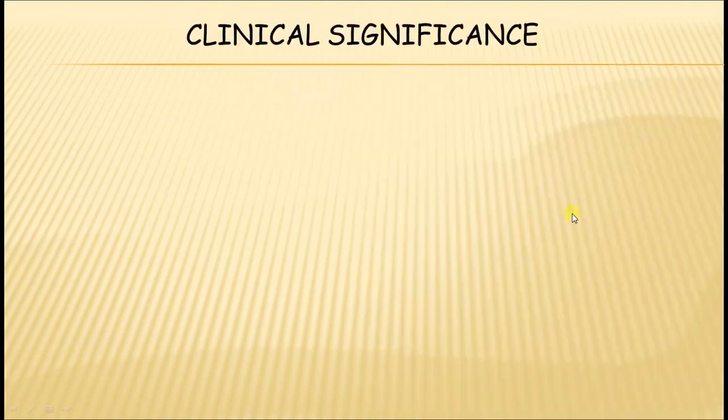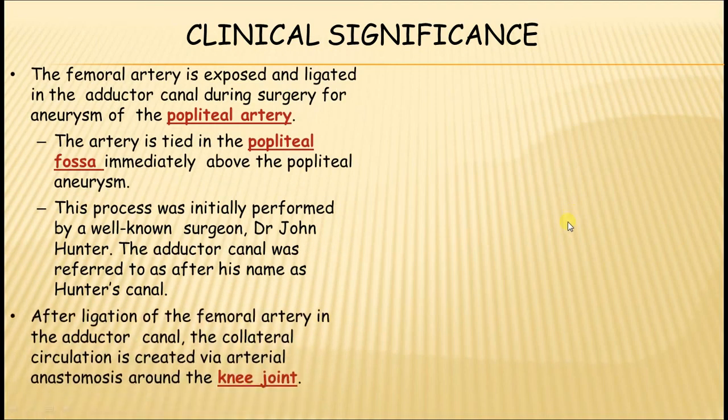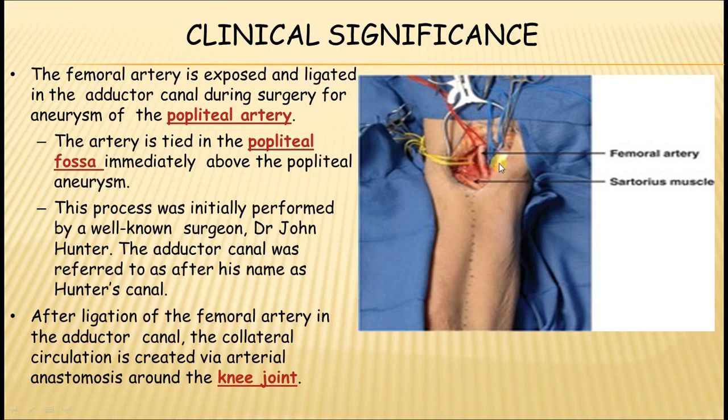So the most clinically significant point, and why it is called Hunter's canal, John Hunter's canal or adductor canal, is that the surgeon John Hunter ligated the femoral artery here to treat popliteal aneurysm. A popliteal aneurysm is an abnormal dilatation of the popliteal artery.